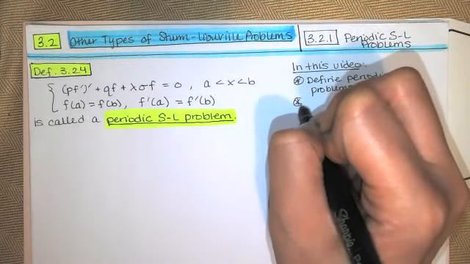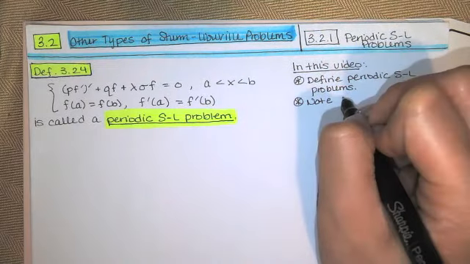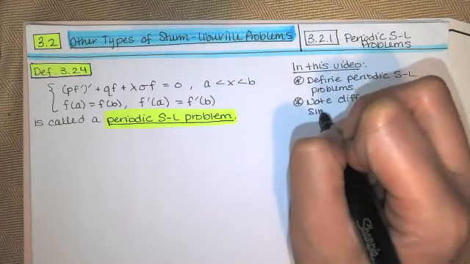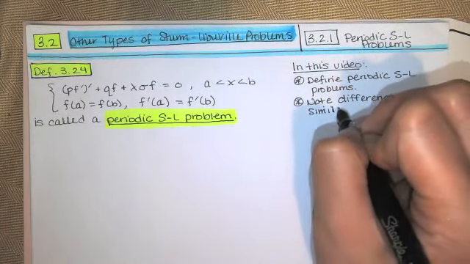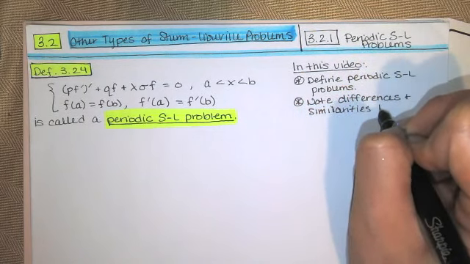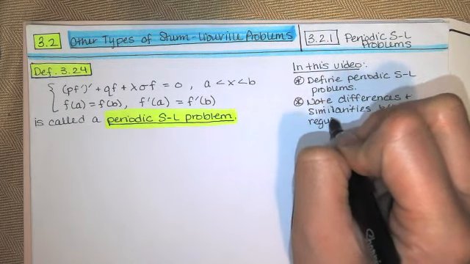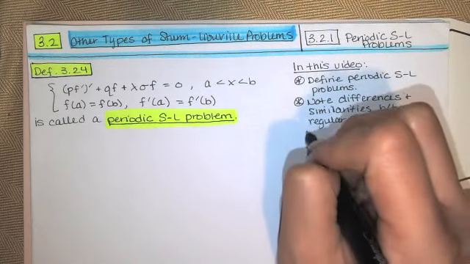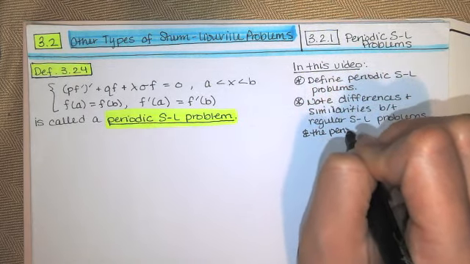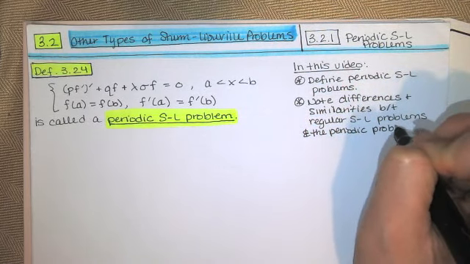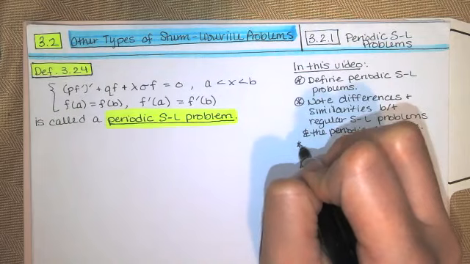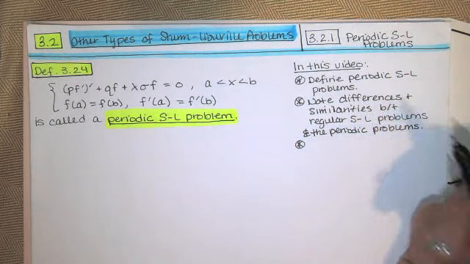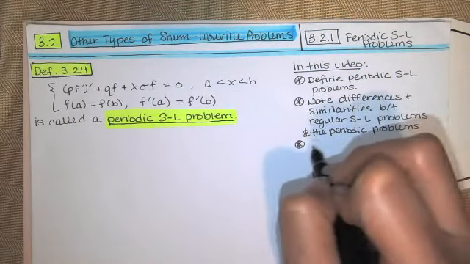We will note some differences and similarities between the regular Sturm-Liouville problems that we've been discussing and these periodic problems. And then finally, we will find the eigenvalues and eigenfunctions of a particular periodic Sturm-Liouville problem.